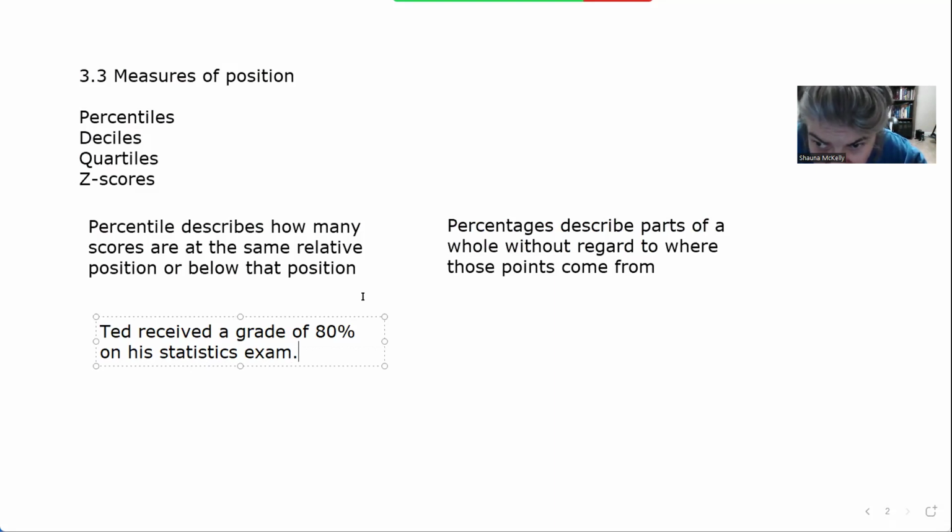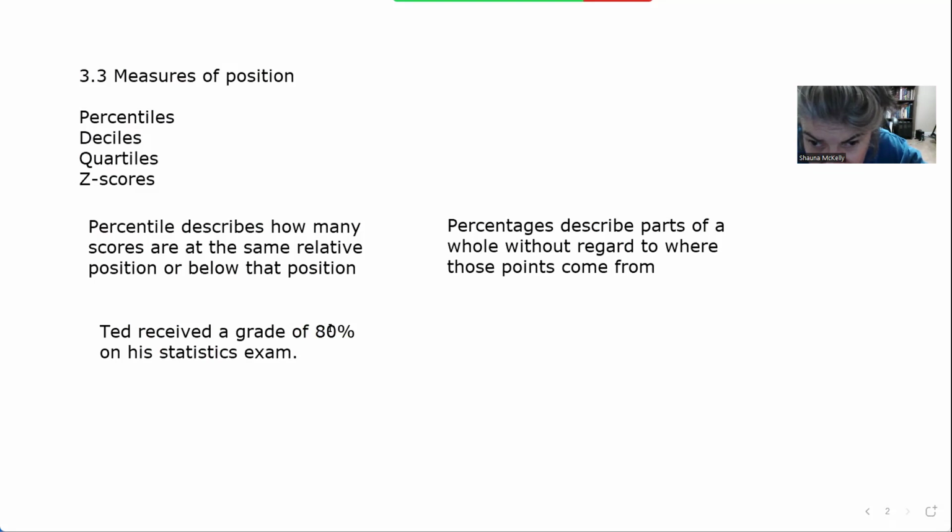This tells me how many parts, how many points he earned out of the whole. It doesn't give me any indication of his position in relation to everyone else. Yes, I know that he got a B more than likely if this is a straight scale, right? But I don't know how he did in relation to everyone else.